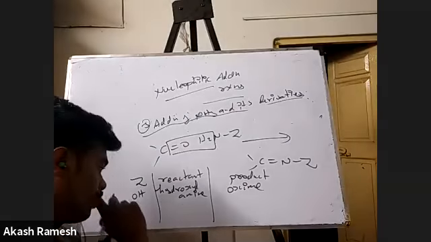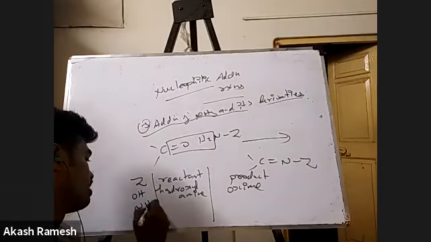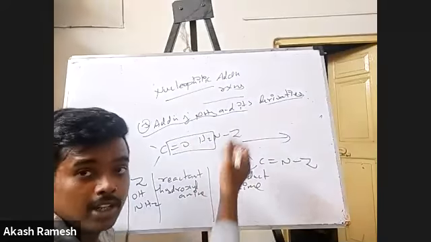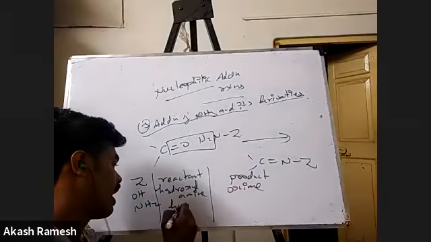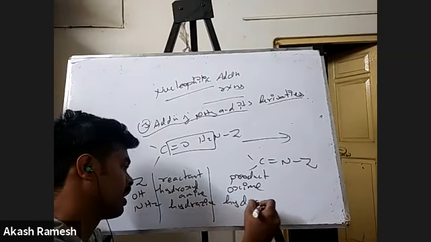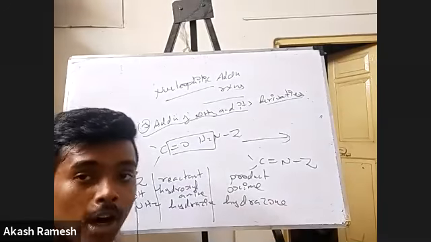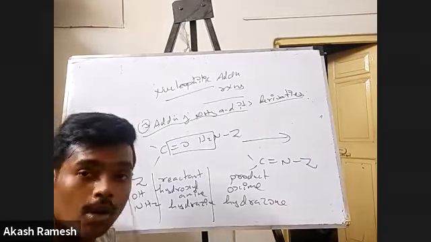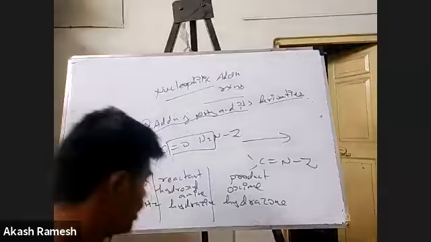Now, if you have NH2 as Z, it's called hydrazine, and this table will be given in your NCERT textbook also. The product formed will be called hydrazone.